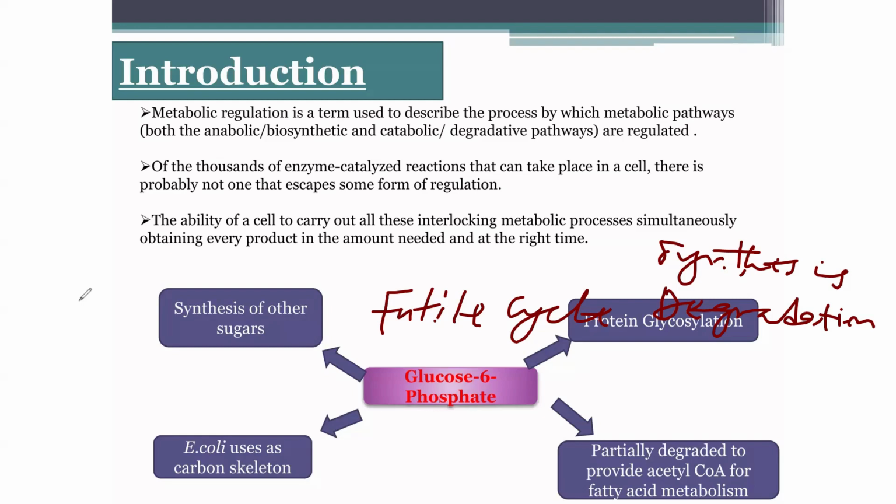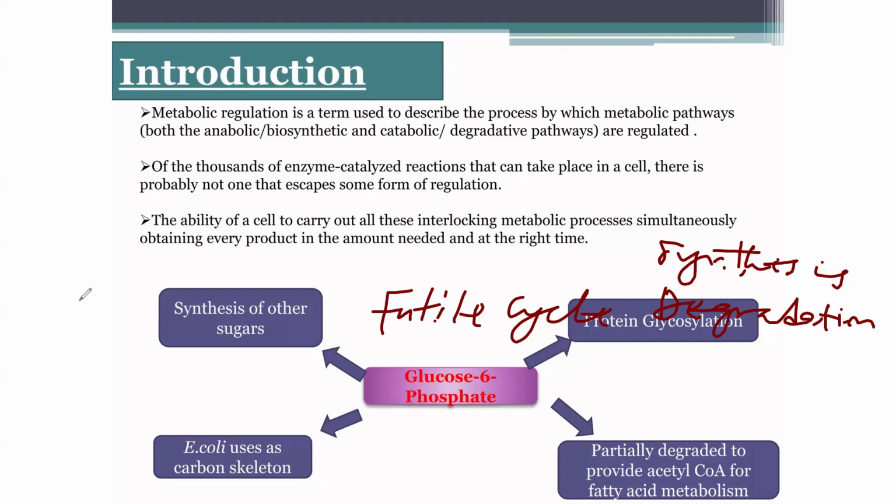In fact, most of the diseases that we develop are a result of improper regulation of metabolic reactions. And if there is proper regulation in a cell, there will be no problem.